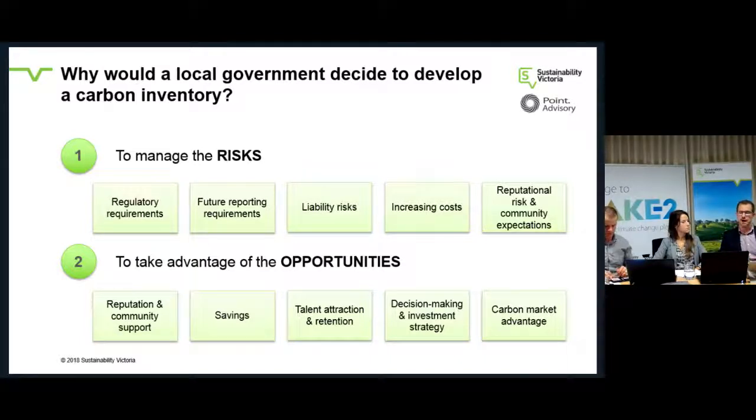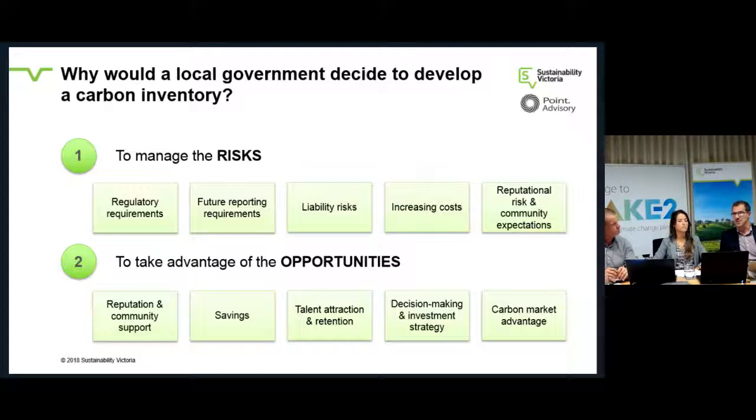But many of you may remember that it wasn't so long ago that we had a carbon price in Australia. In 2012, 13, 14, we had a carbon price, and that actually imposed regulatory requirements on several local governments. I think it was entirely around landfill gas emissions.